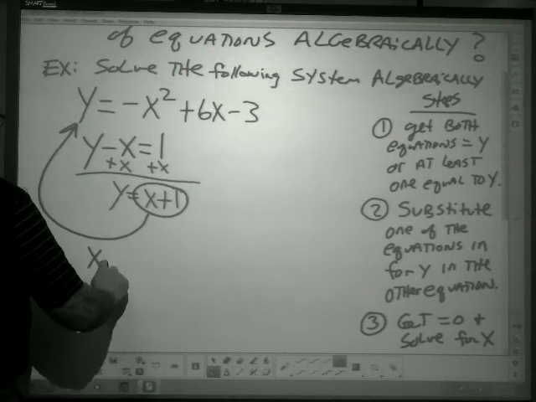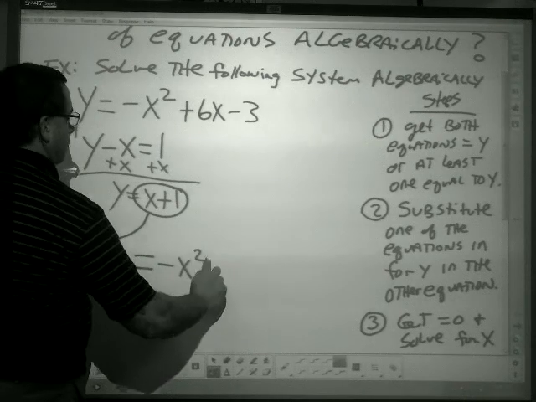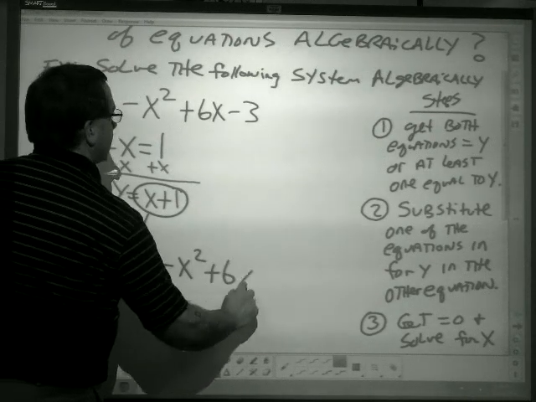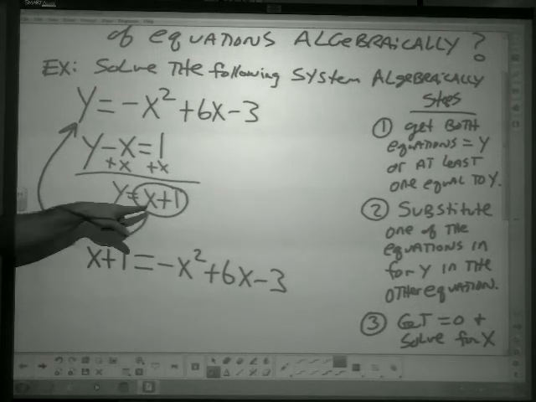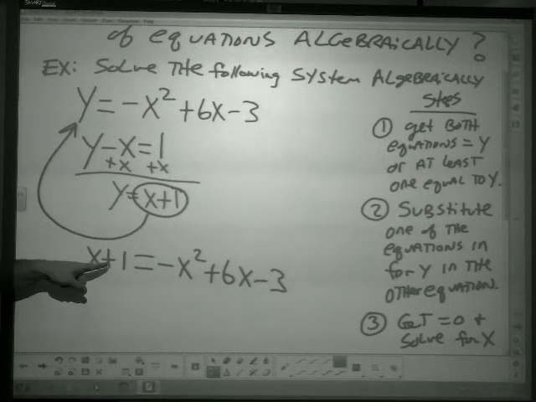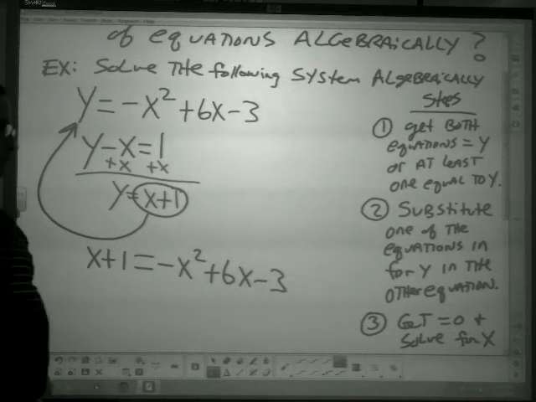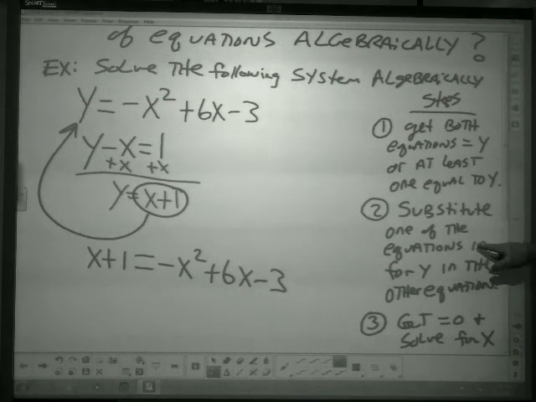So x plus 1 equals negative x squared plus 6x minus 3. Since they're both equal to y, I'm going to put what this is in for y.